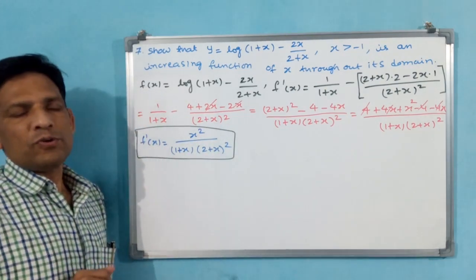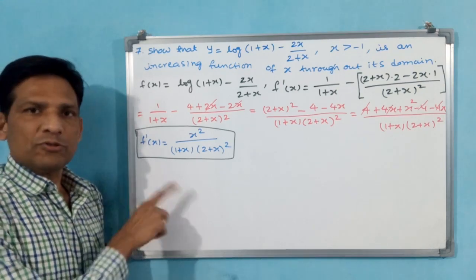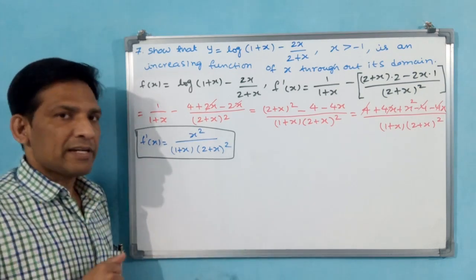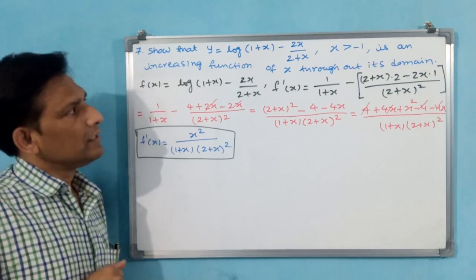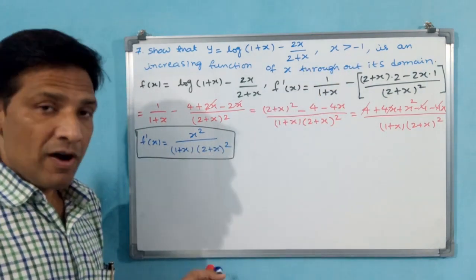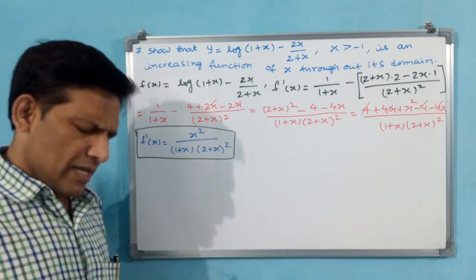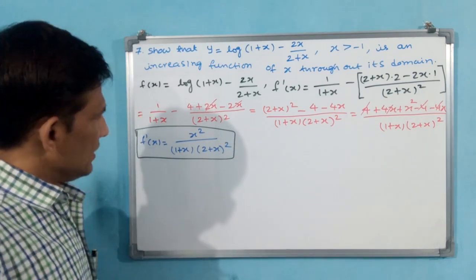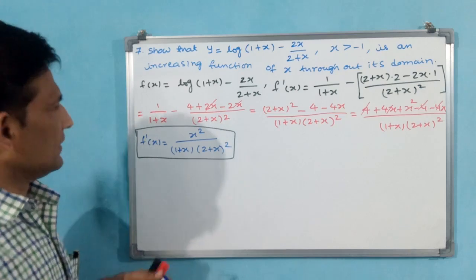Normally what we know, to find the interval, this f dash x should be made equal to 0, then one interval will come. Okay. We'll make it 0. Let us see whether this is the same interval or not. If not, then you have to check again. Even though you have to check only, let us proceed further.